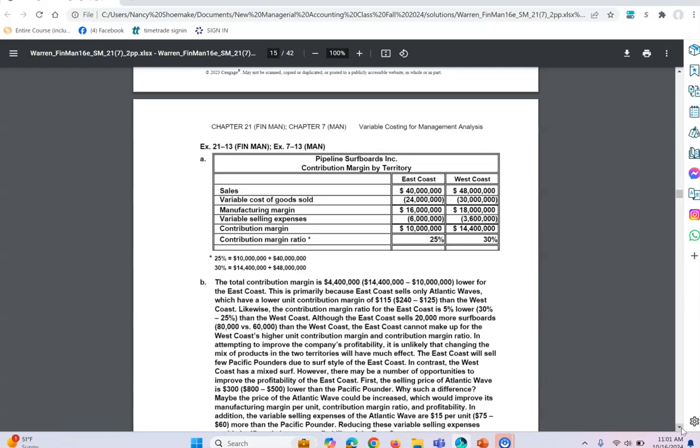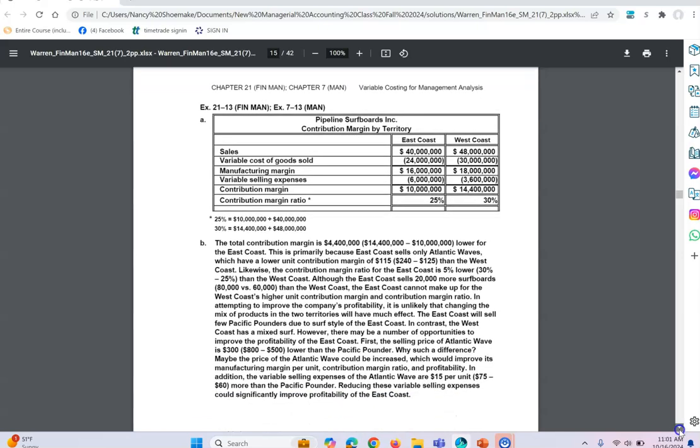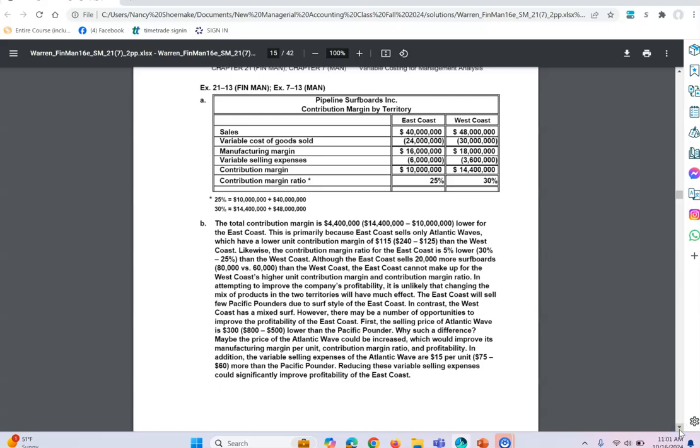So the total contribution margin is lower for the East Coast because the East Coast sells the Atlantic Waves, which ultimately has a lower contribution margin.